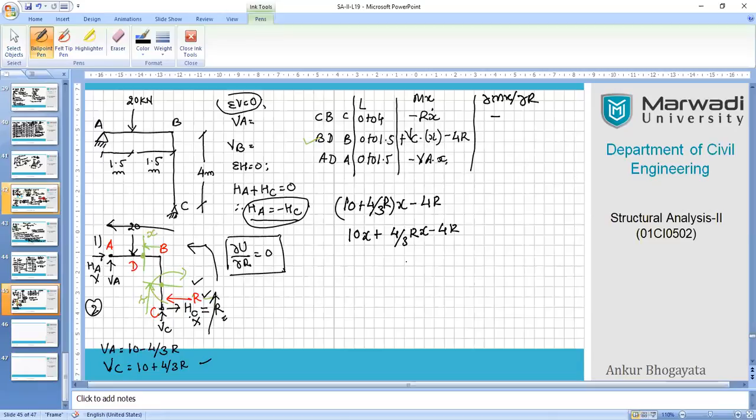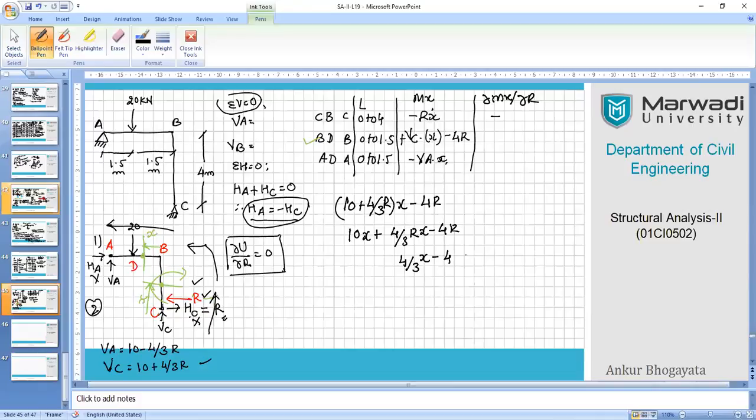Right. So when you take dmx upon dr, you can see that there are two terms involved. One is 4 by 3 rx and second is minus 4r. So here you will get a result like 4 by 3 x minus 4.